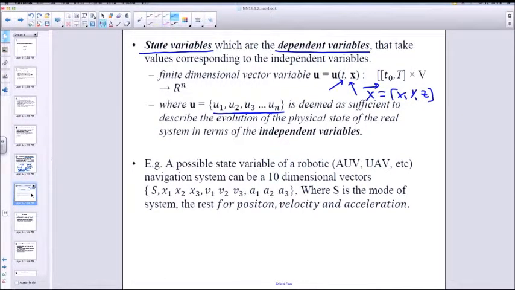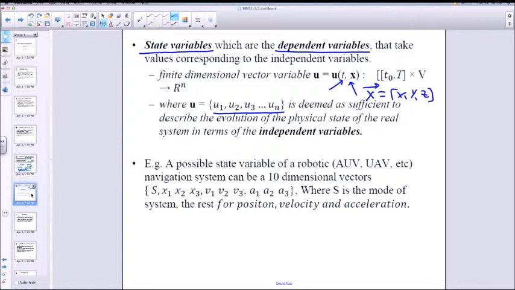So what you are observing is the velocity of the hurricane moving towards which direction. So you can look at those systems. The state variable is the dependent variable of the time, at least, and could also include the space. Now let's look at an example we are familiar with.